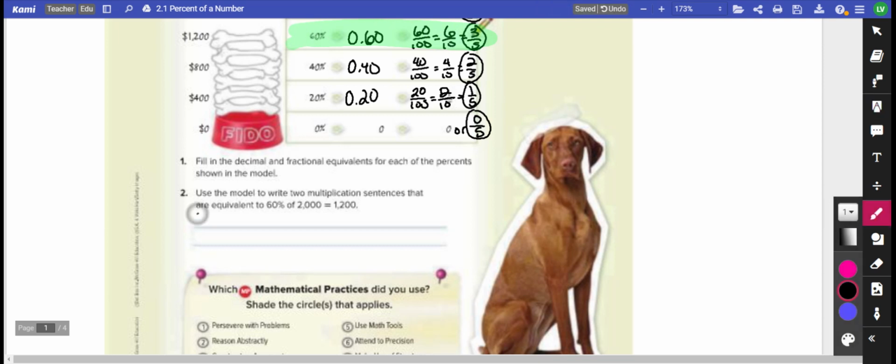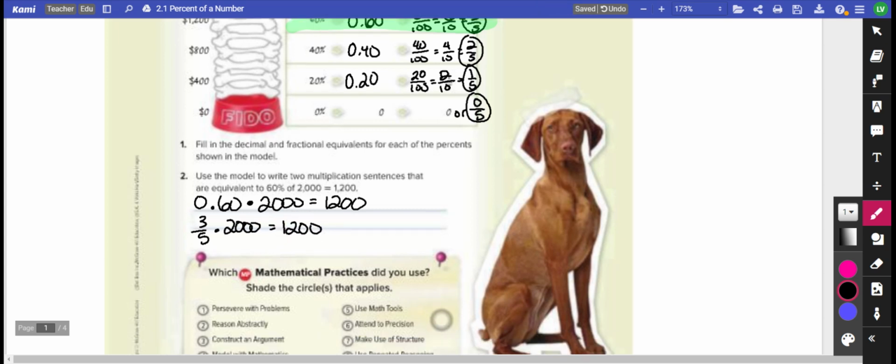So we could also write that as 60 hundredths of 2,000, so that's 60 hundredths times 2,000 equals 1,200. Well, 60% or 60 hundredths as a fraction is 3 fifths times 2,000, which equals 1,200. Those are equivalent equations.